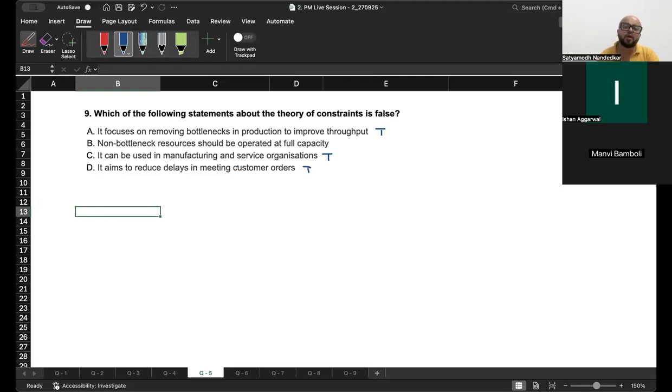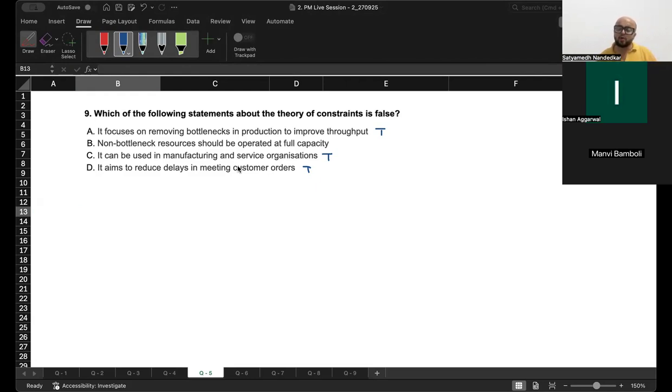And non-bottleneck resources should be operated at full capacity. Non-bottleneck resources are those where they are not being used at maximum capacity. They are those which are not fully utilized. See, a bottleneck resource is that resource for which you have a greater need but you don't have that much availability.